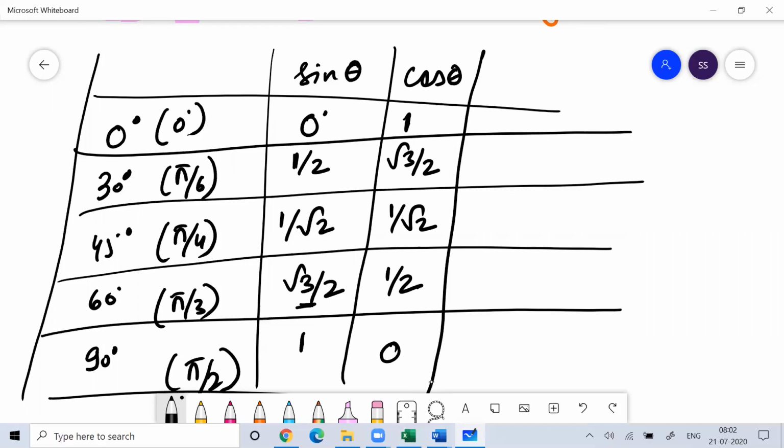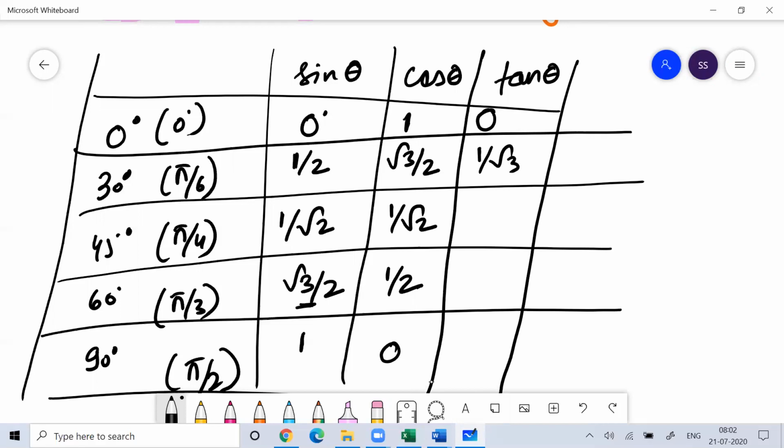Then tan theta is sine by cos. So tan 0 degree is 0 by 1, means 0. Tan 30 degree is 1 by root 3.